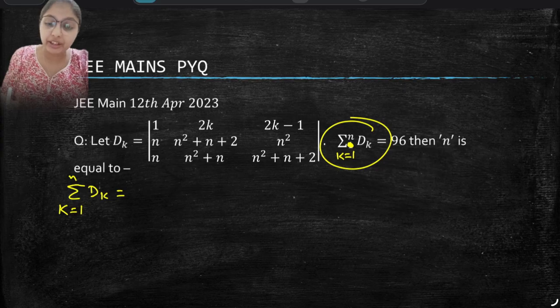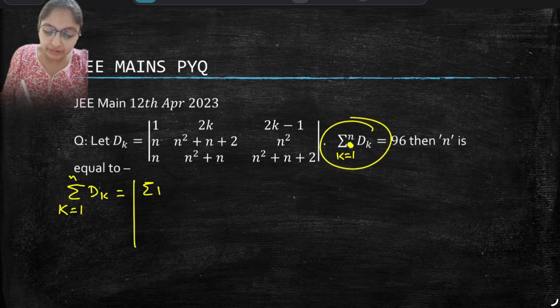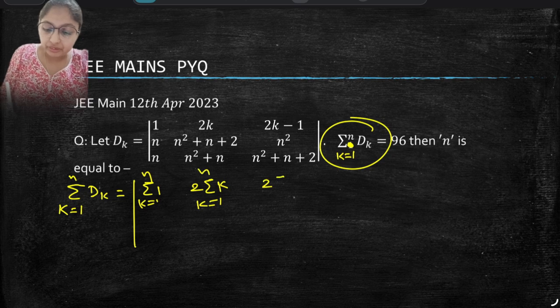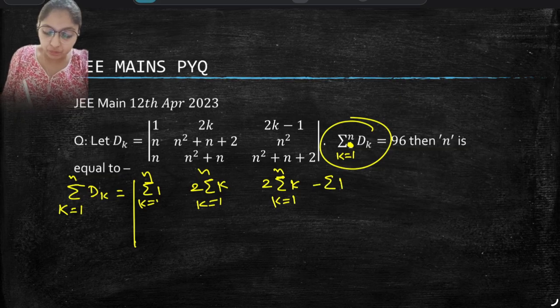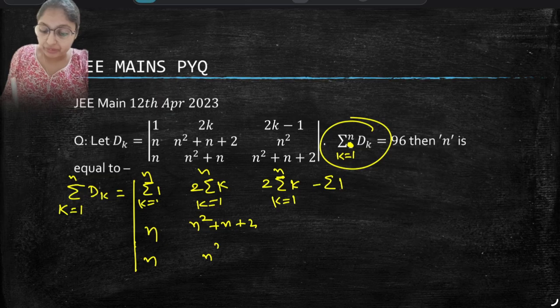So I'll take it in row 1. So it will be sigma k from 1 to n of 1, then sigma of 2k, and sigma of 2k minus 1 in the first row, and the remaining rows will be unchanged. The remaining entries, n square plus n, will be the same.